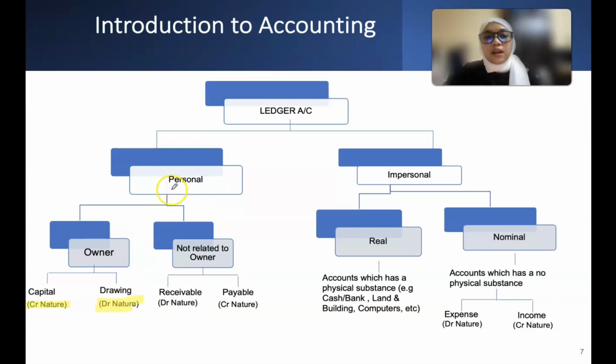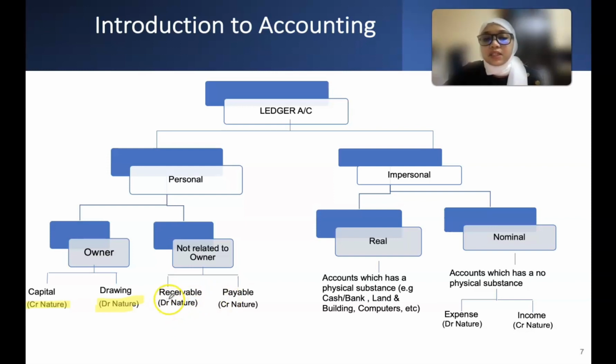So under personal accounts there are two: related to the owner and not related to the owner. What are the accounts not related to the owner? Receivable accounts and payable accounts. What is receivable? Receivable is something we need to get from our customer.